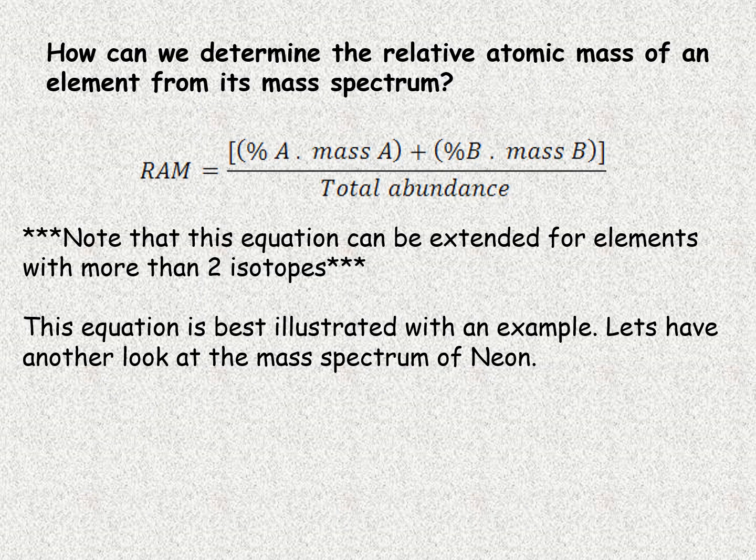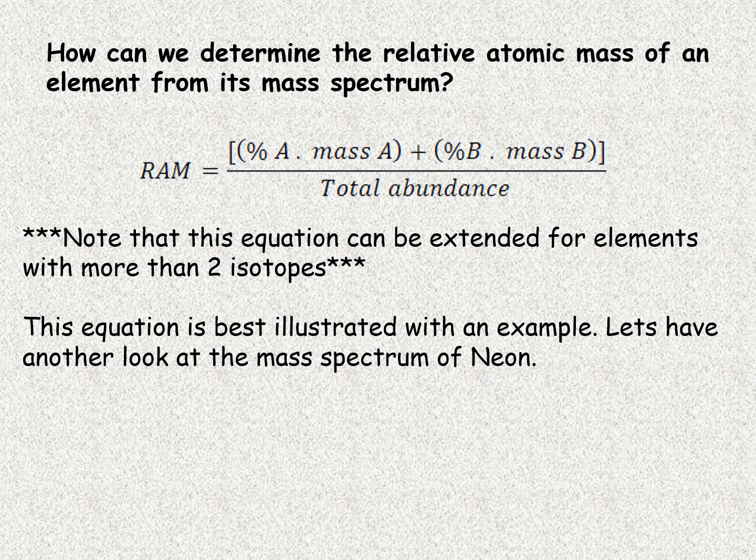So the equation that we need to calculate the relative atomic mass for an element is the percentage of isotope A, times the mass of isotope A, and then plus the percentage abundance of isotope B, times the mass of isotope B. And then we divide this by the total abundance, which should be 100, because all the percentages should add up to 100.